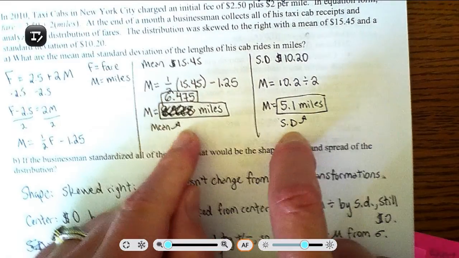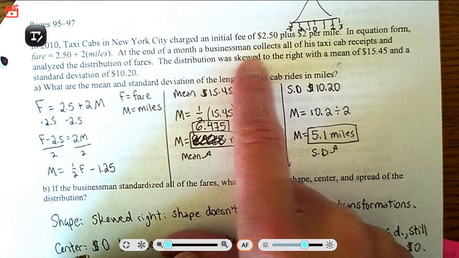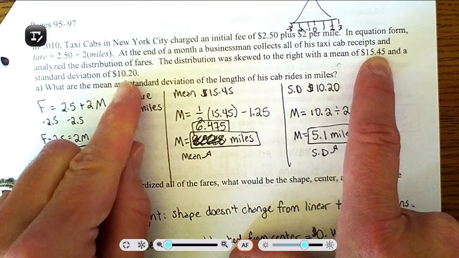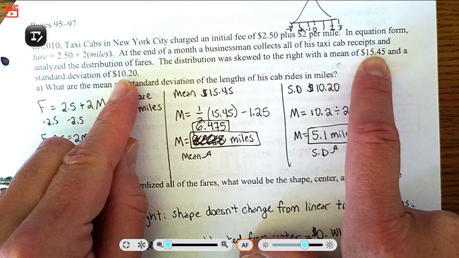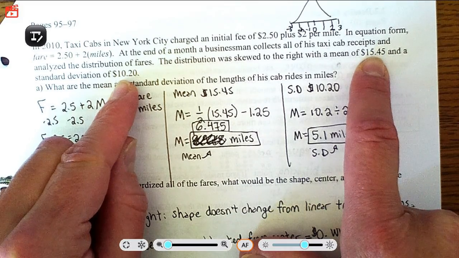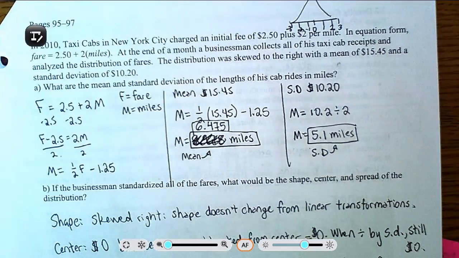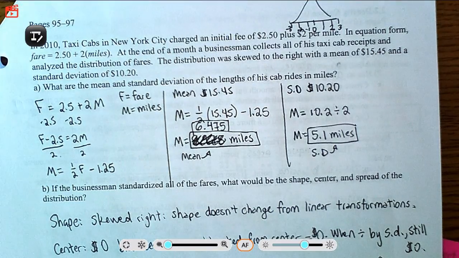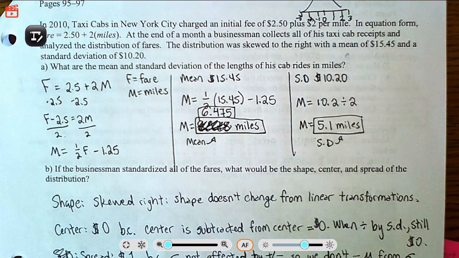Here's what's important about that: I took a distribution of money, the amount of fares that he had on his receipts at the end of the month. He gave me a mean and a standard deviation and no more. I didn't have any data to work from. He could have had 2,000 rides that month, but I don't have to work with all that data.